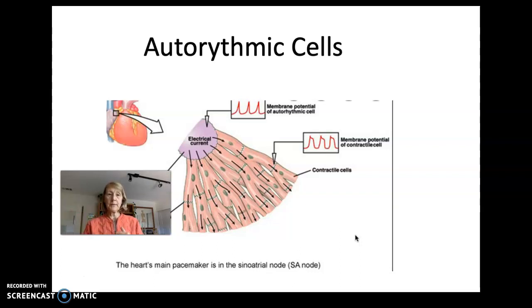They will just do it. So once they create that electrical event, it can spread, remember, from cell to cell through gap junctions over to all the other contractile cells. But it's the electrical ones that are sending the signal and the others are receiving. So those are the autorhythmic cells, pacemaker cells of the heart.